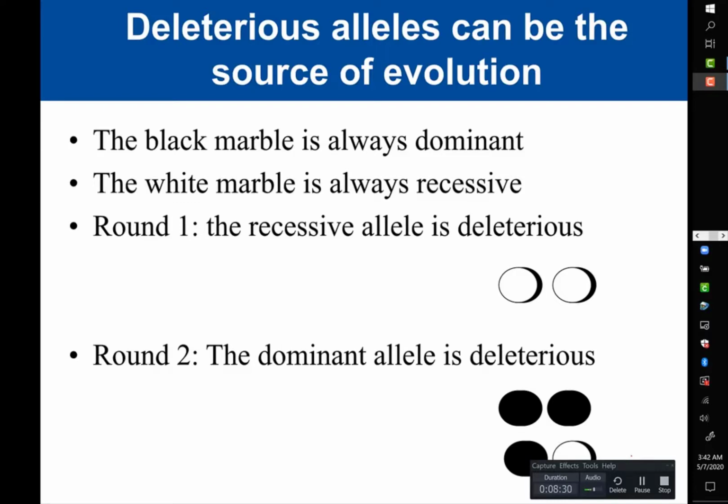Another example would be achondroplasia, a type of dwarfism. If you've ever seen that show, Little People, Big World, you've probably seen that you can have two parents who have dwarfism. Now, I'm not sure if they have achondroplasia specifically, but you can see this example there. You have two parents who have dwarfism, and they have normal height children.